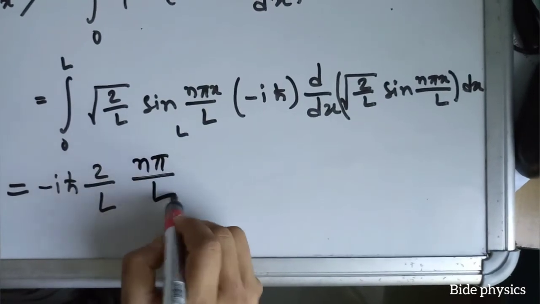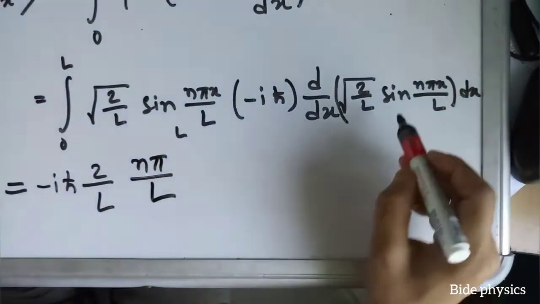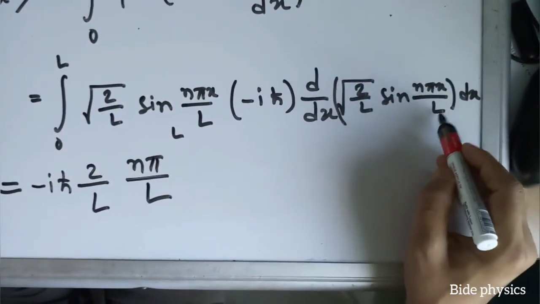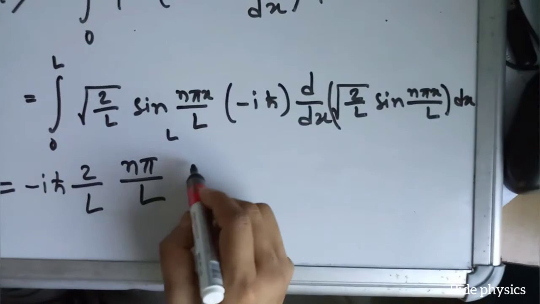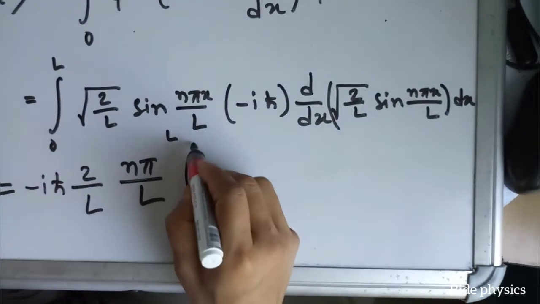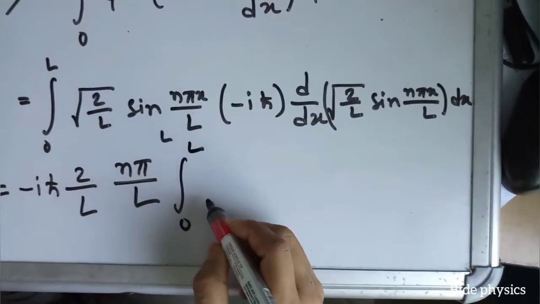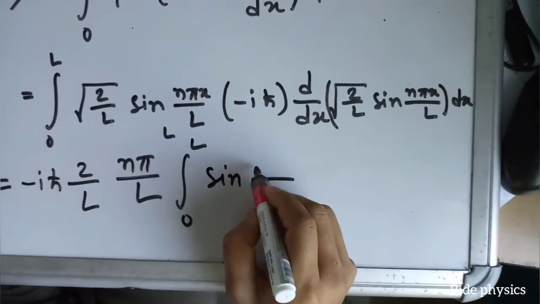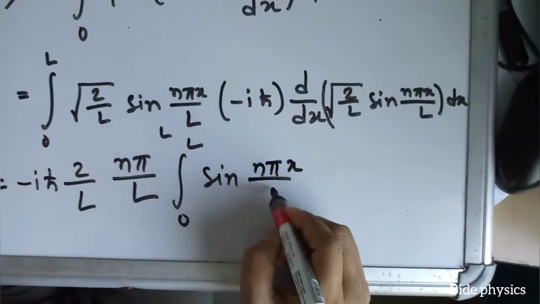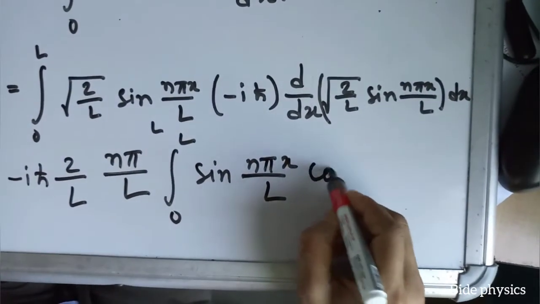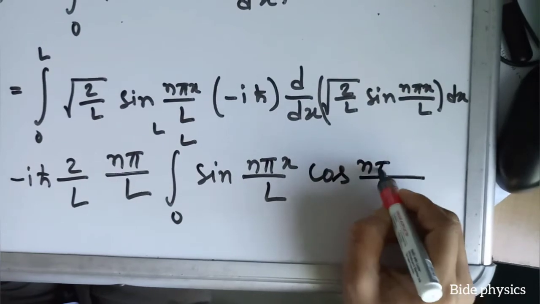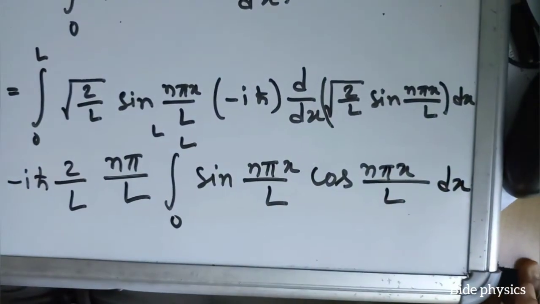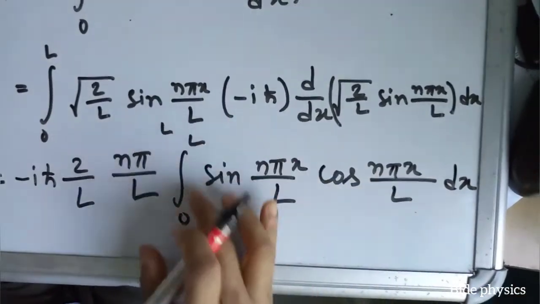It comes when you operate on sine n pi x by L with d/dx, integration 0 to L, sine is already there, so sine n pi x by L cos n pi x by L. Now we have to solve this integral.